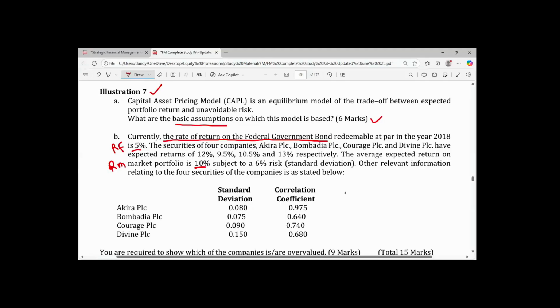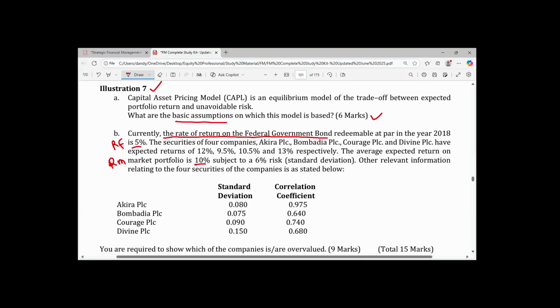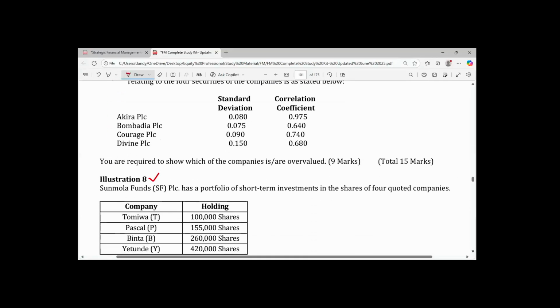So we are given market risk to be 6%. Other relevant information relating to the 4 securities is as stated below. You are given information on the standard deviation of the securities and on correlation coefficients, which should tell you that you are going to calculate beta values. You are required to show which of the companies is or are overvalued. So the examiner is asking you to ascertain which of the companies are overvalued.